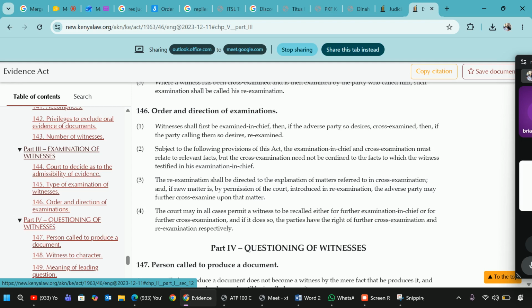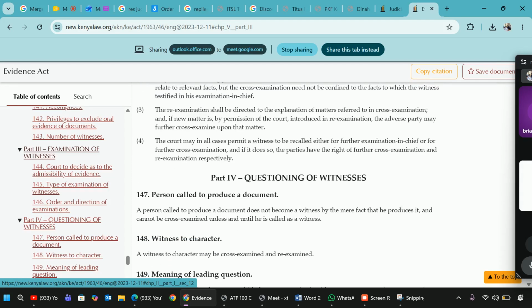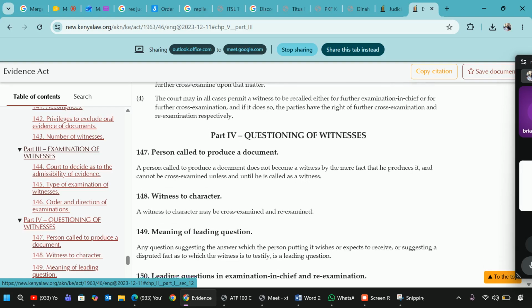And if new matter is, by permission of the court, introduced in re-examination, the adverse party may further cross-examine upon that matter. The court may in all cases permit a witness to be recalled either for further examination in chief or for further cross-examination. If it does so, the parties have the right of further cross-examination and re-examination respectively.